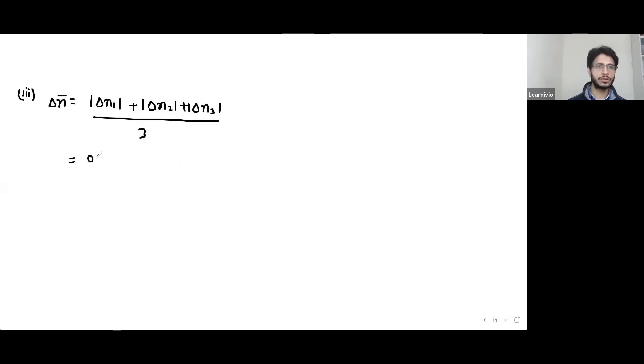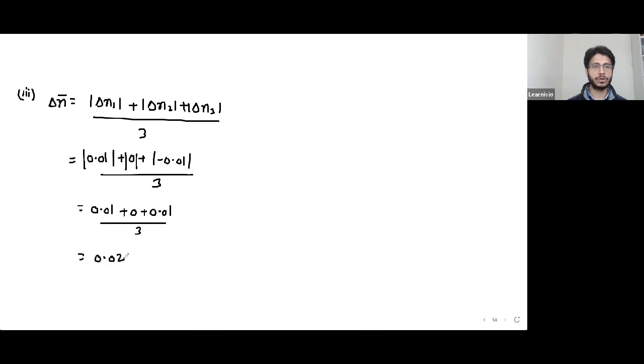So this is 0.01 plus 0 plus modulus of minus 0.01, by 3. Modulus means even if it is negative, you can make it positive. So that's 0.01 plus 0 plus 0.01 by 3. It comes out to be 0.02 by 3.